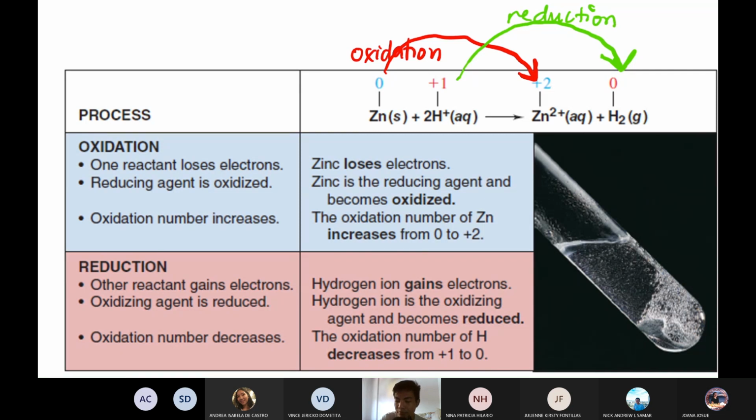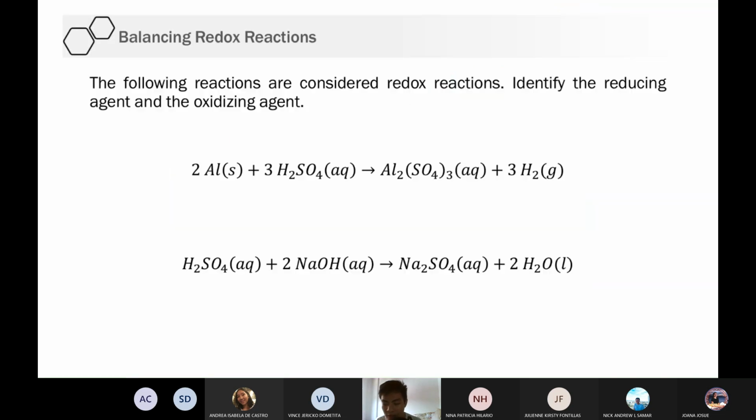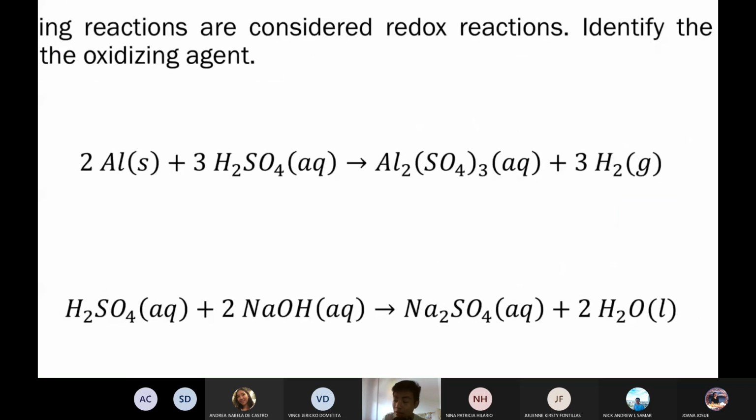Okay? So let's look at some more examples here. Don't mind the balanced equation. Let's identify the individual oxidation numbers. Okay. Identify natin yung kanilang oxidation numbers. Aluminum, 0 yan.